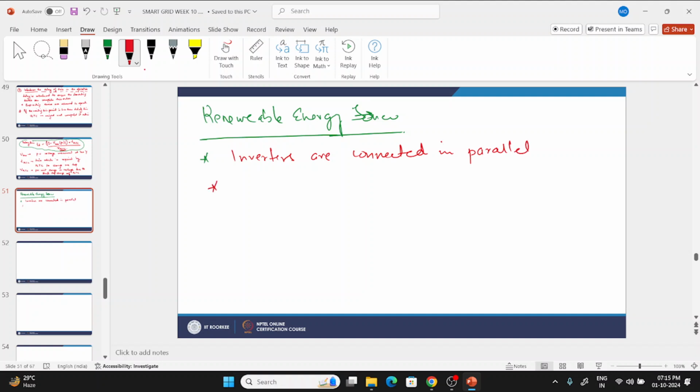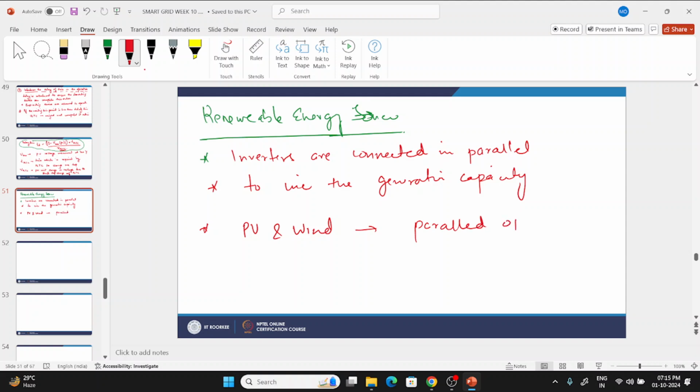Why? To increase the generation capacity. Okay? और इसीलिए जो पीवी एंड विंड प्लांट जो इन्वर्टर्स कनेक्टेड होते हैं, they are parallel operated inverters in grid connected mode. ठीक है.